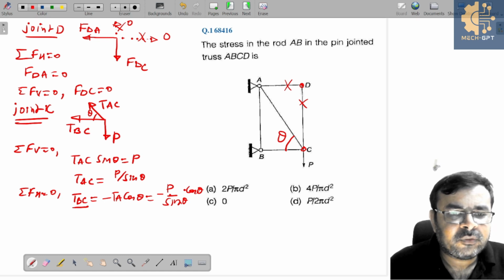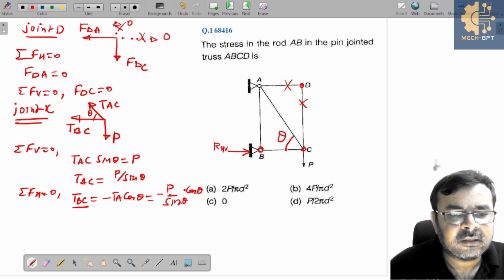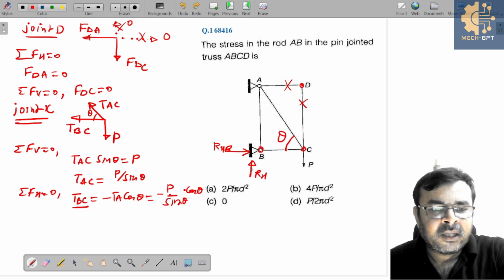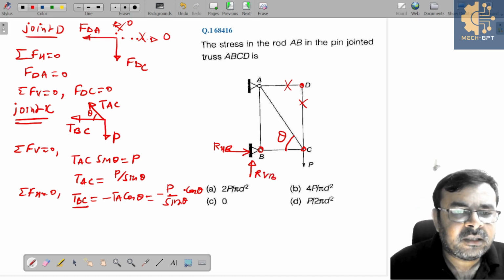Okay, so now if you see for this, in both the cases, can I say here we have horizontal reaction, that is RHB, and here we have vertical reaction RVB. Yes or no? And similarly for this, there is no force, here we have one force which is tension.